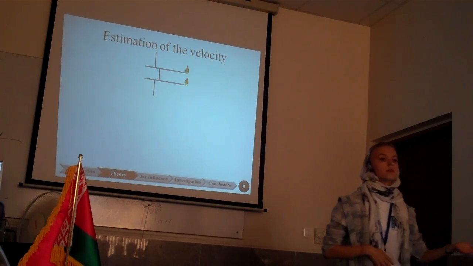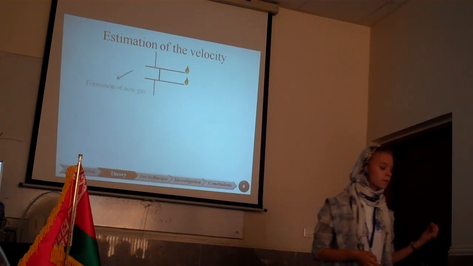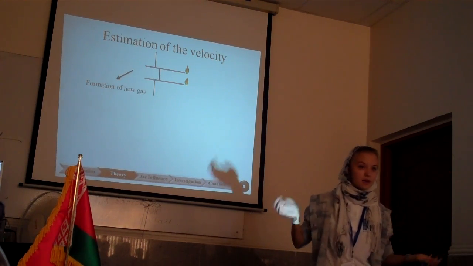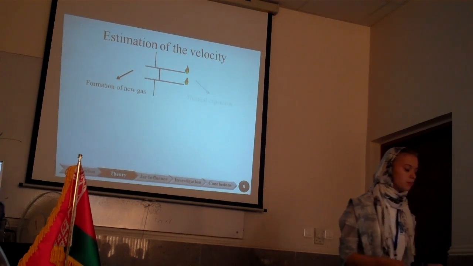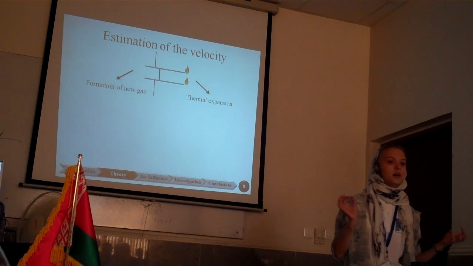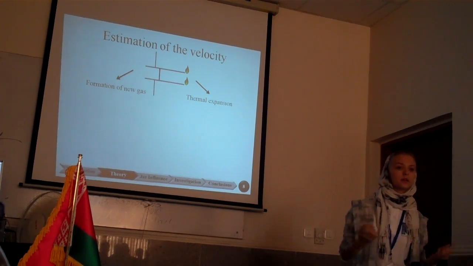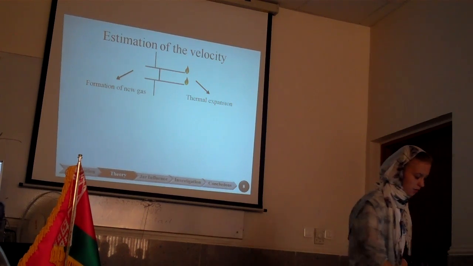And by that we can have changing of volume of this piston. It is because of formation of new gas due to pyrolysis and burning, and due to thermal expansion of all gases that we have in our tube. And from calculation of this changing of volume, we can calculate the velocity of moving of the edge of the tube.